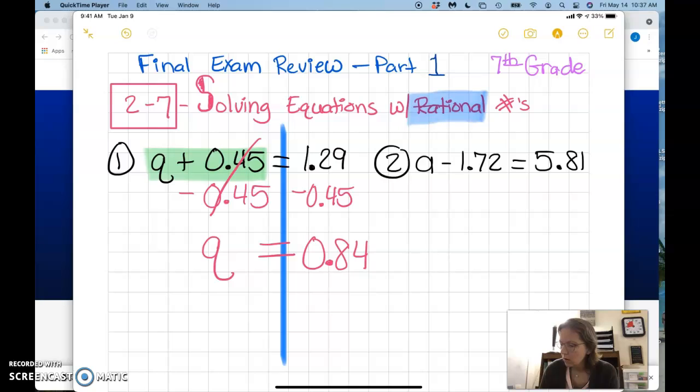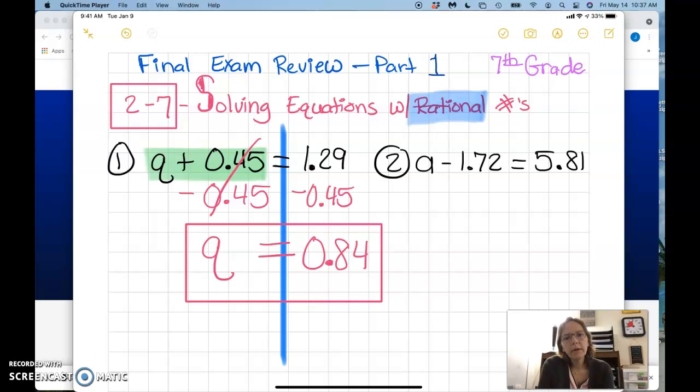So that's all you have to do to solve the equation. Okay? Look at what's happening to the variable, do the opposite, and then feel free to use your calculator so you can solve the problems correctly. So copy that one down and then come back and let's do the next one.